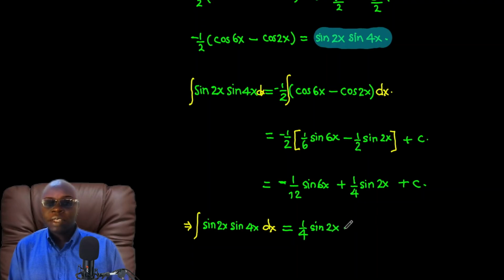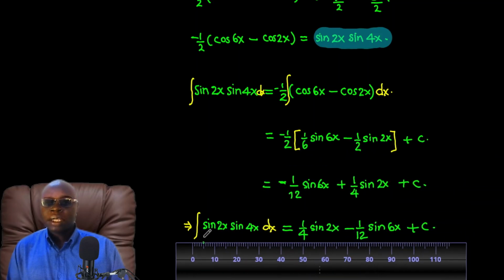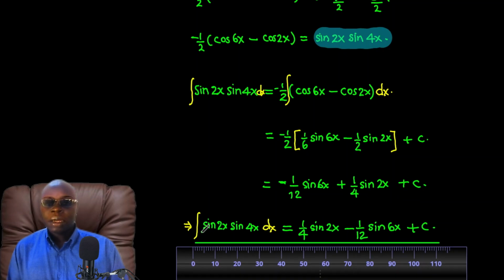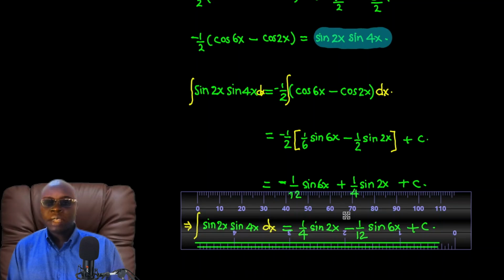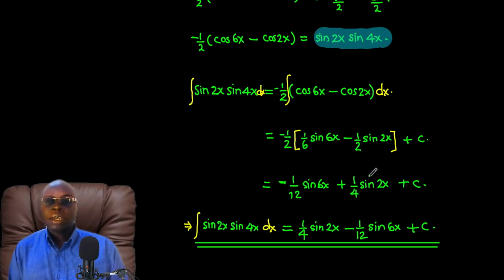Now we come to this term here that is negative 1/12 sine 6x plus c. And that is how we tackle product of two sines. We're able to get this answer here. And you really have to know the factor formulae, all of them, because any question can be set and you should be able to identify which factor formula is used for which question.